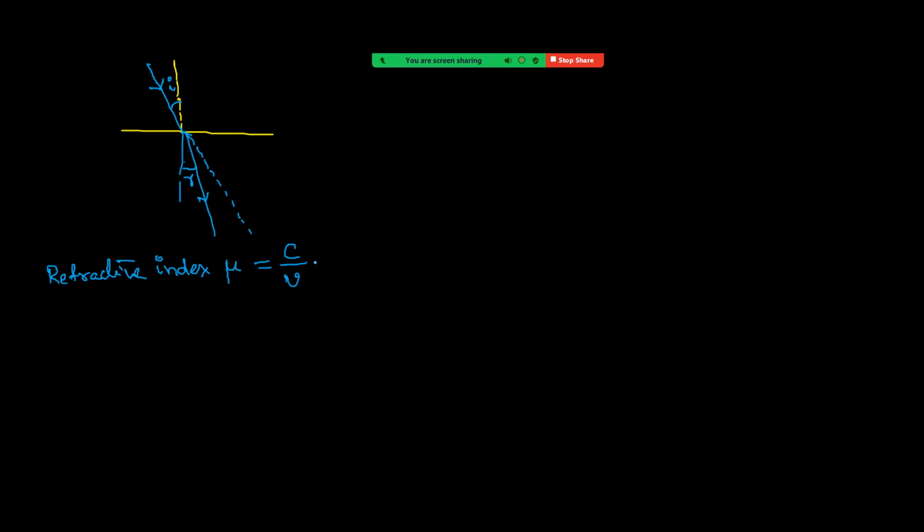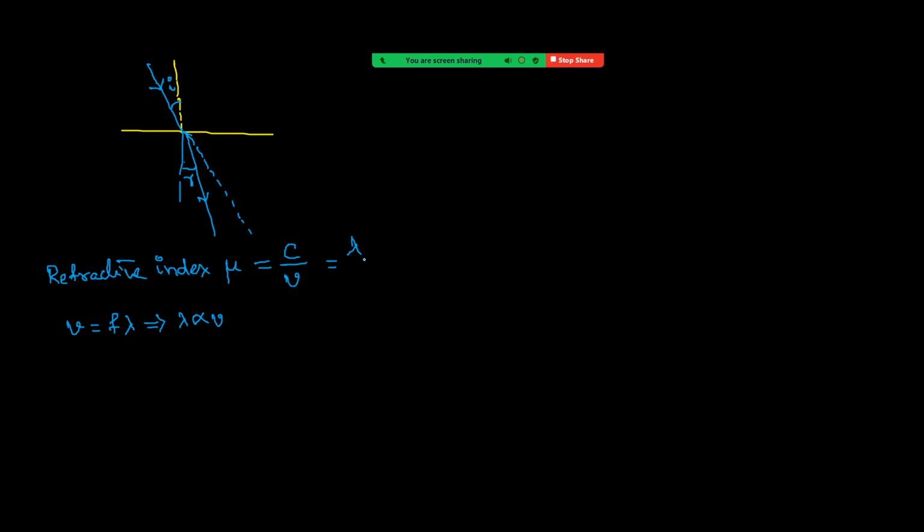And we are knowing that due to change in medium, frequency of light does not change. So we are knowing that V equal to F into lambda, where V is now speed of light, and F is frequency and lambda is wavelength. So when medium changes, frequency does not change. That means from this we can write lambda proportional to V. This is also written as wavelength of that color.